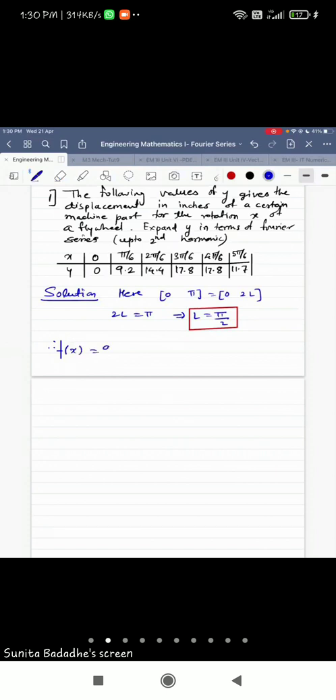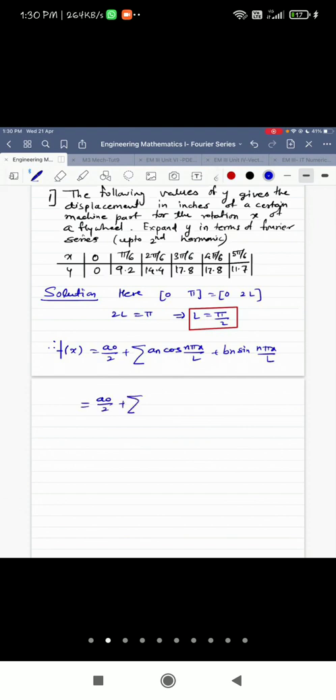fx is a naught by 2 plus summation an cos. Now your formula is n pi x by L plus bn sine n pi x by L, right? Let me put the value of L. So it is cos of n pi x by pi by 2 plus bn sine n pi x by pi by 2.